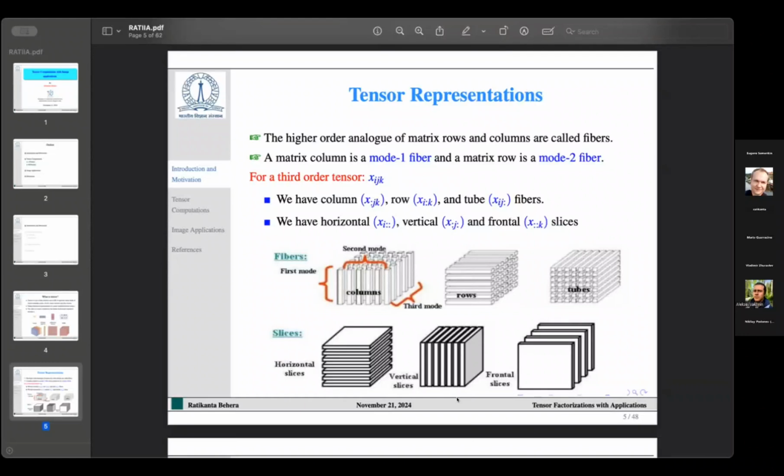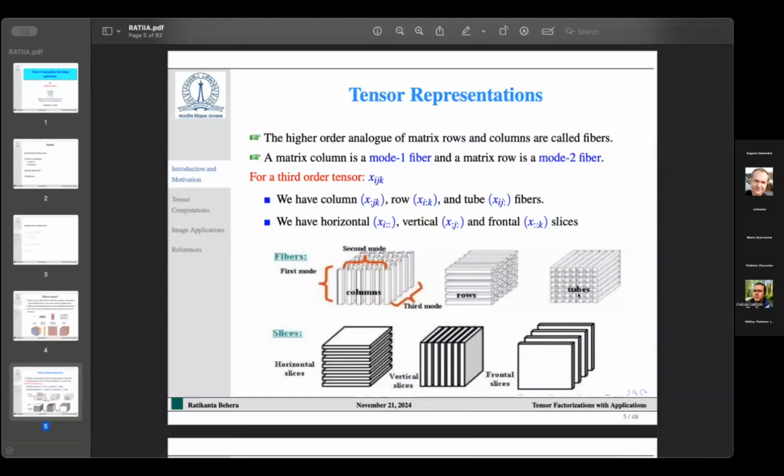And as I told you, we can call different fibers mode 1 fiber, mode 2 fiber, and so on. So here we can say column fibers, row fibers, and tube fibers. For example, this is a mode 1 fiber, this is mode 2, and this is mode 3. So column, row, and tube.